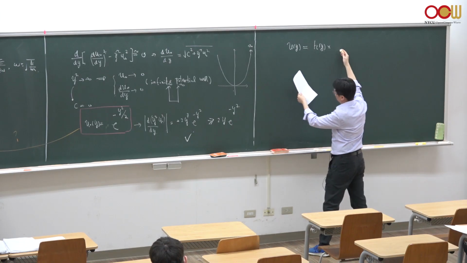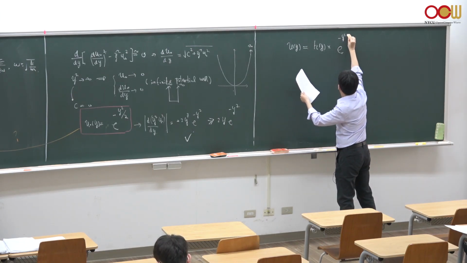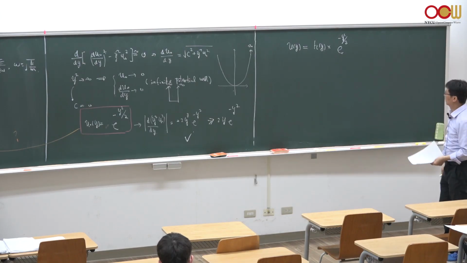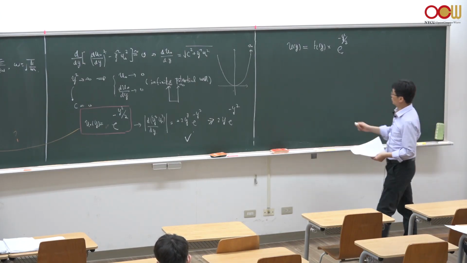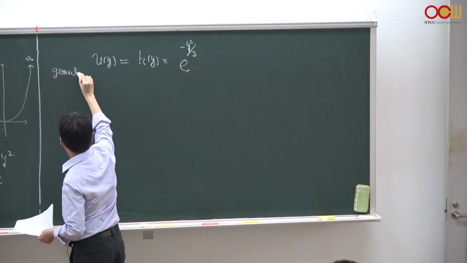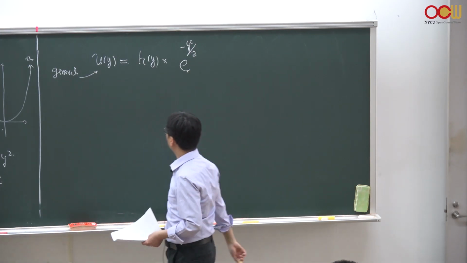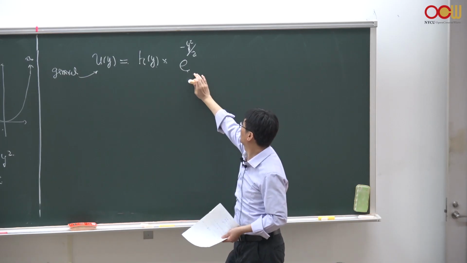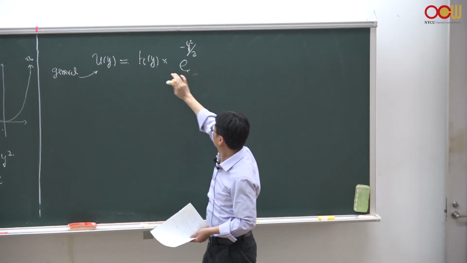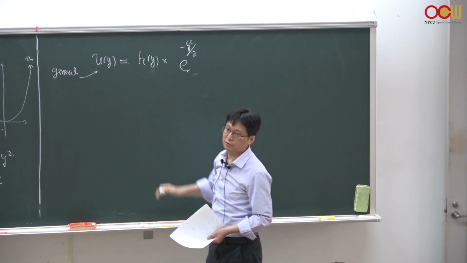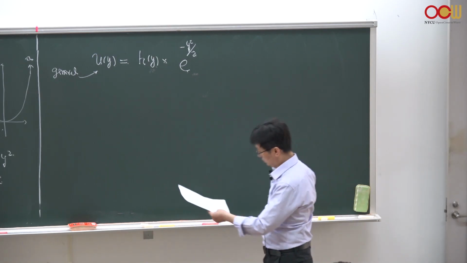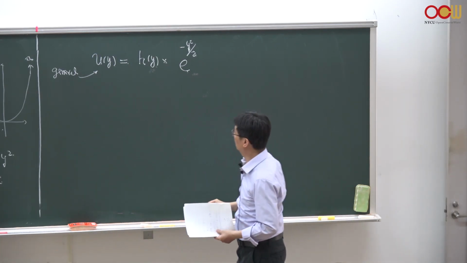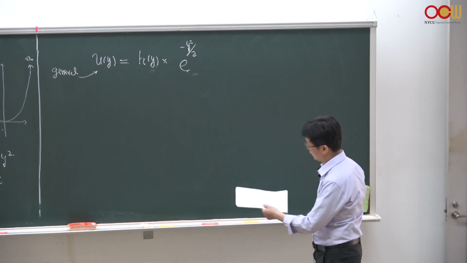To that regard, we could again take our educated guess to assume that this general solution u of y is given by this limiting solution e to the minus y squared over 2 times some function h of y, and this function h of y, we don't know, and we need to know. We will know that later.